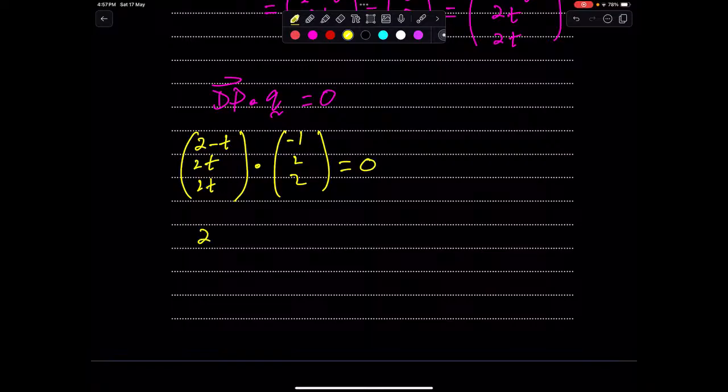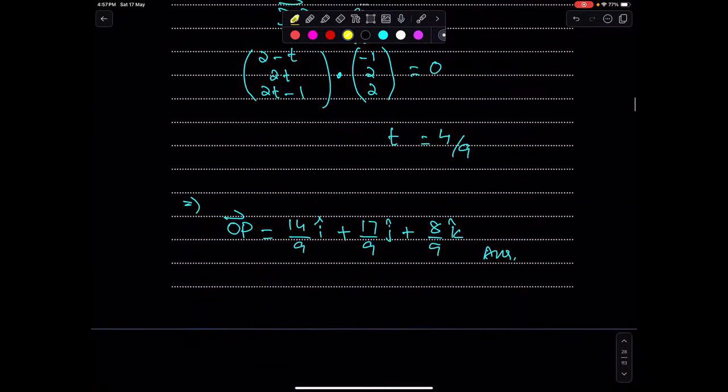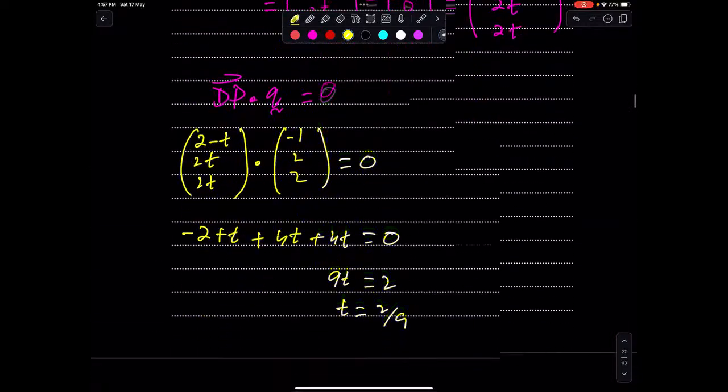So 2 minus 2 plus t, 4t, 4t, 0. So I think 9t is 2, so t is 2 upon 9. It's 4 upon 9. Let me check this.